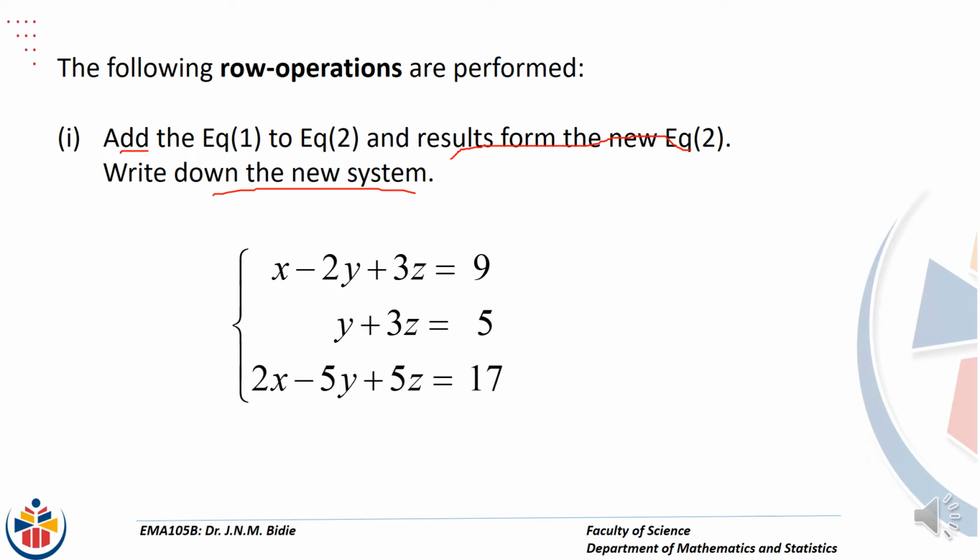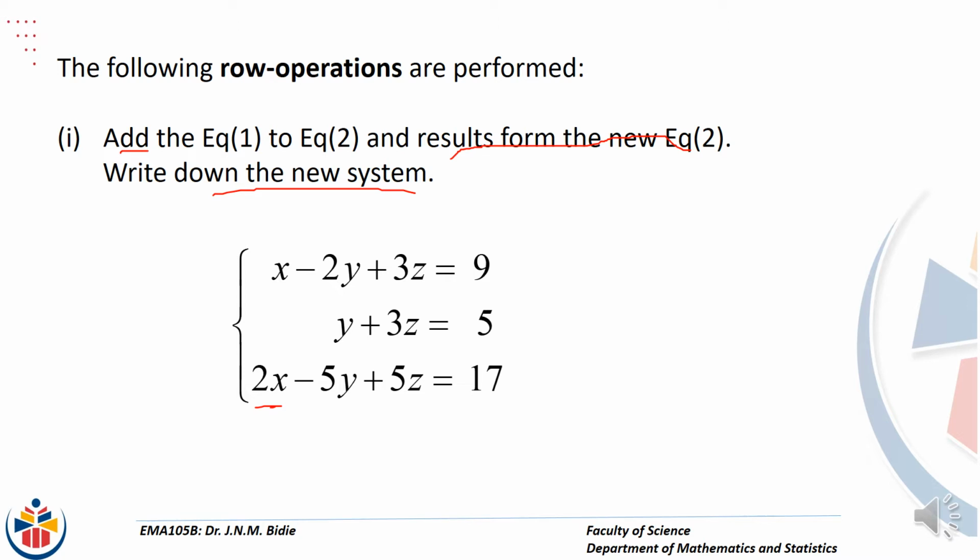So you'll have -2 multiplied by x plus 2x to eliminate x in the third equation. Once again, you'll have -2 times -2y plus -5y, and then -2 times 3, which is -6, plus 5z, and -2 times 9 plus 17.